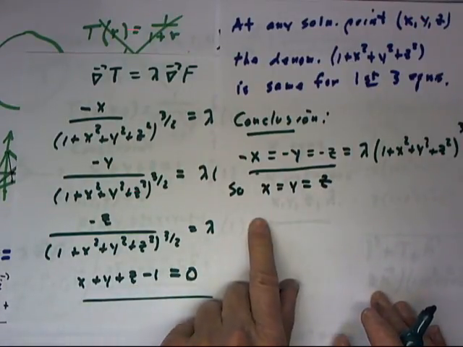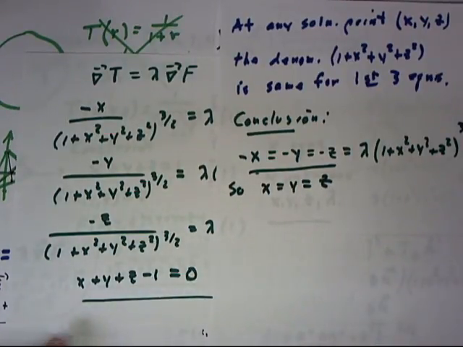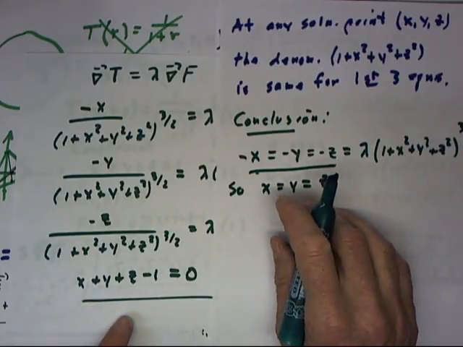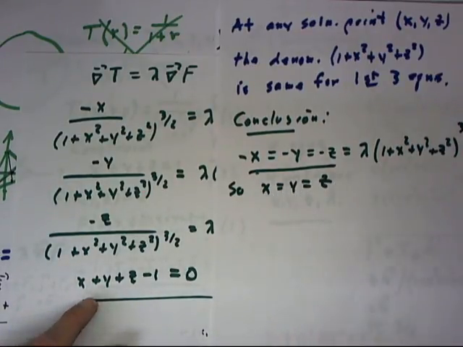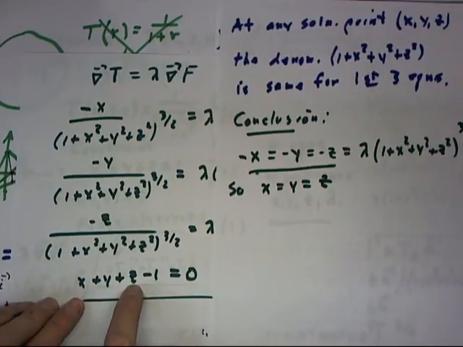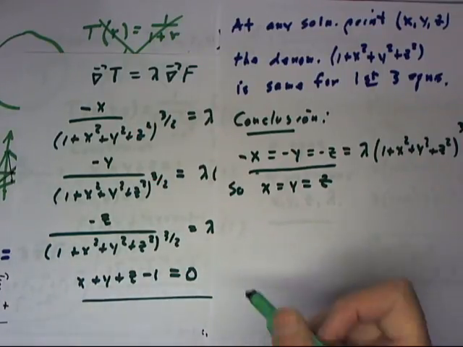At the solution point, using that with our third equation, we draw the immediate conclusion that x equals y equals z, so all three of these are equal and they add up to 1.